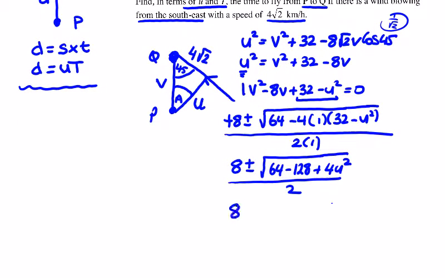So we're going to get 8 plus or minus the square root. You're going to be patient with these. 4u squared minus 64 over 2.